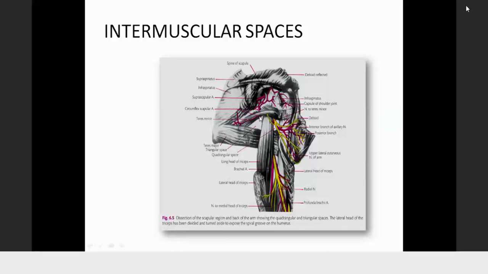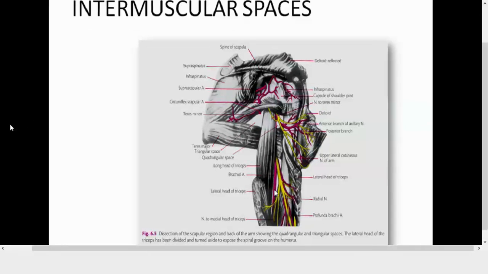So this is called the upper triangular space. You can see this is a triangle, upper triangular space. Then see this space and this space. This is called the lower triangular space. Upper triangular space and a lower triangular space.